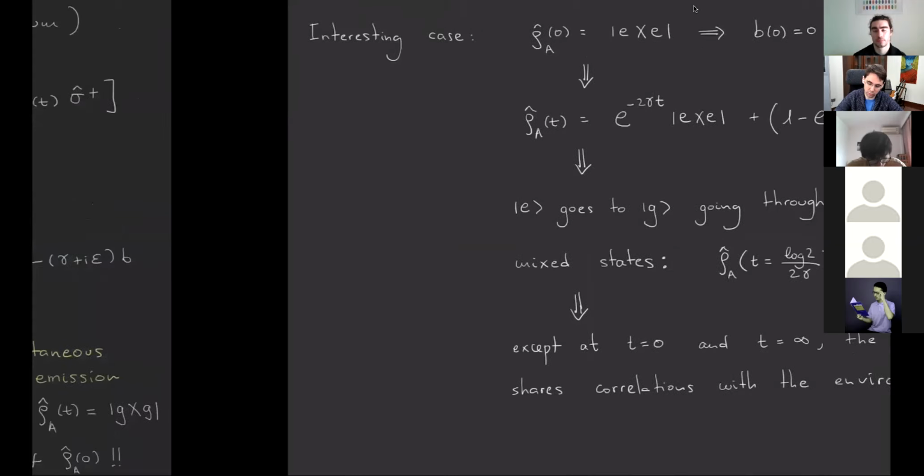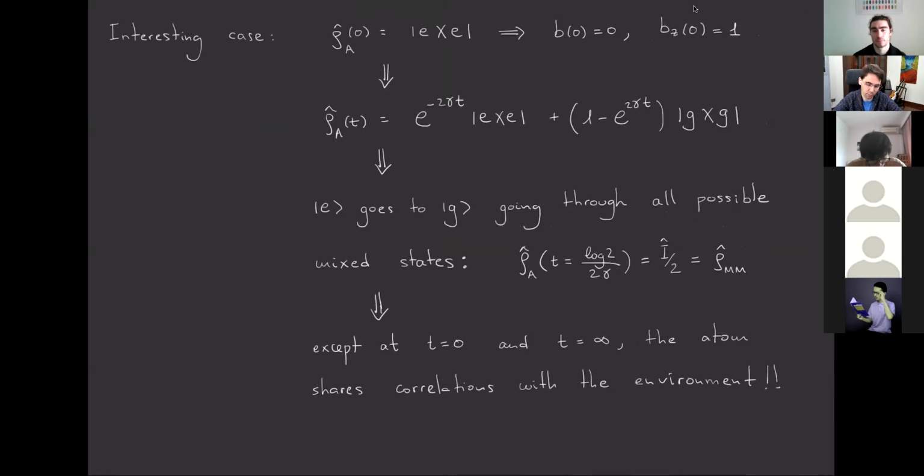And going into a bit more detail, we studied one specific case in which we start with a pure state for the atom. In particular, we put it in the excited state, and then we let it evolve according to the master equation. And what we found is that the state of the atom at any time can be written as a mixture, with a probability in the excited state that decays exponentially with time, okay?